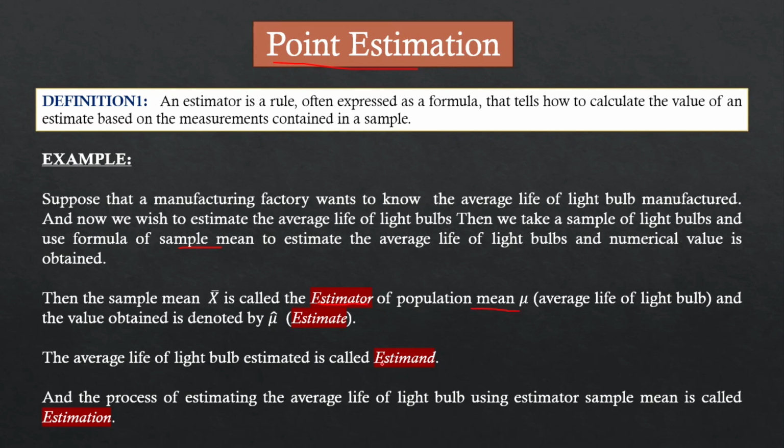And the value obtained is called the estimate, denoted by mu hat. The average life of the light bulb estimated is called the estimate. The thing we are estimating is the population mean. And the process of estimating the average life of the light bulb using the estimator sample mean is called estimation.